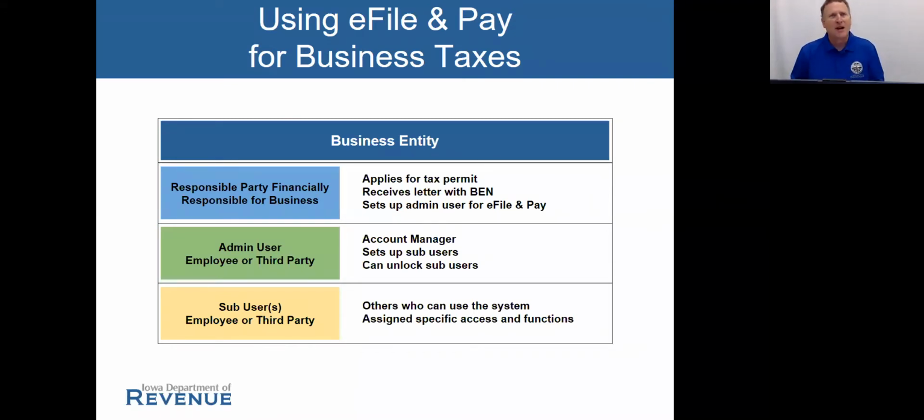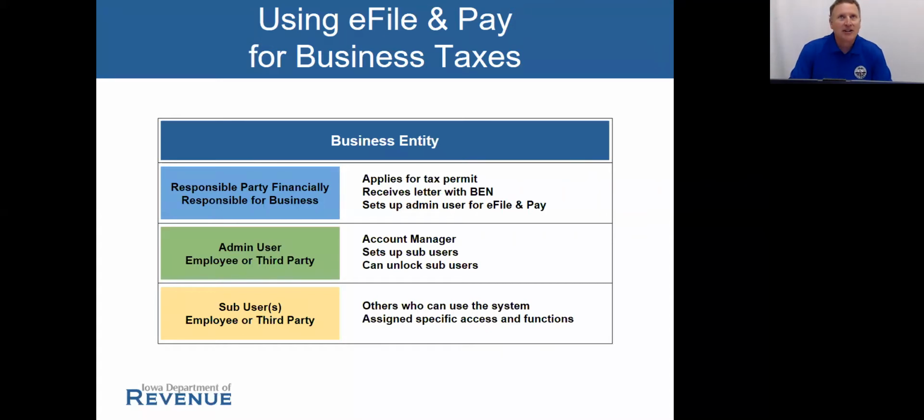So again, the responsible party is the person who is ultimately responsible for the taxes being filed and paid in a timely manner. When it gets to eFile and pay, we also have an administrative user, and this can be a third party. This can be an employee of the company. The responsible party is going to give them permission to become the administrative user.